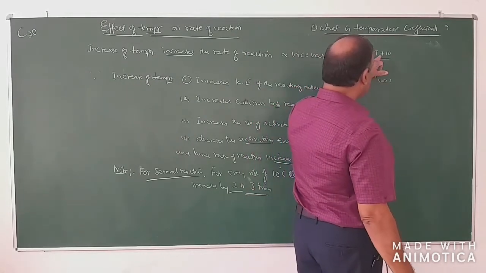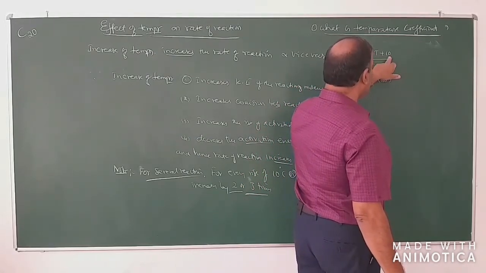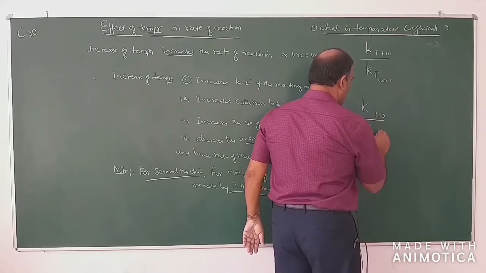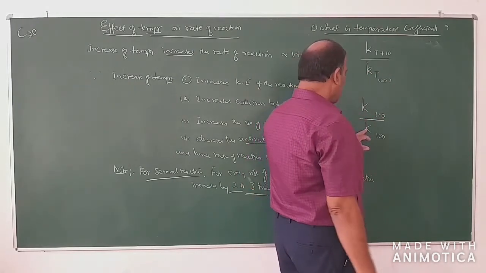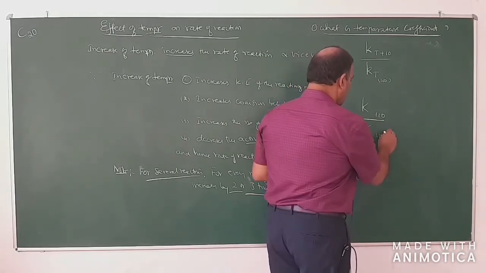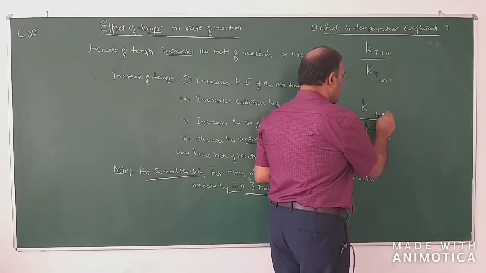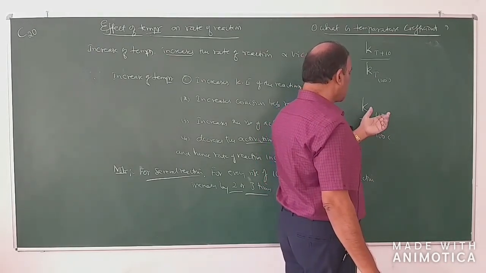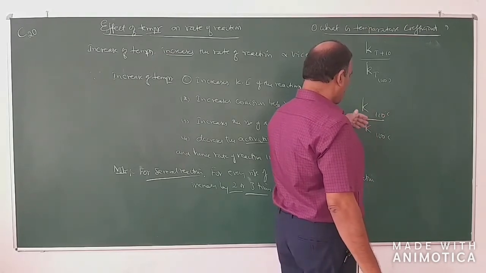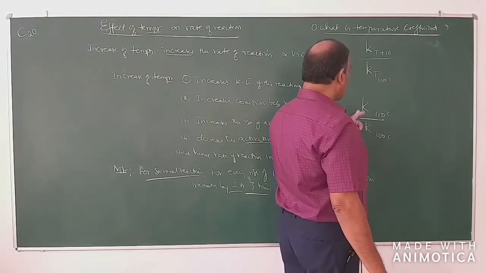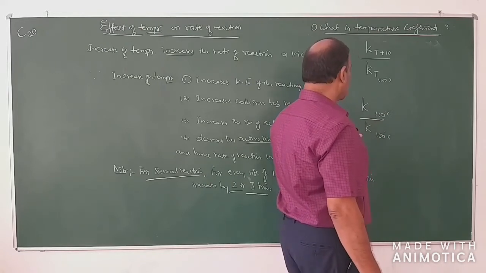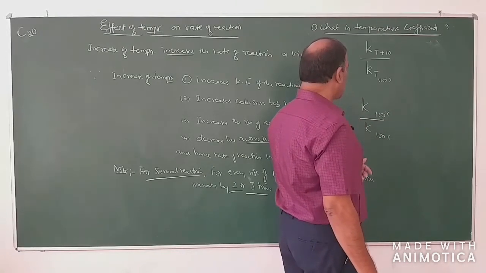If the temperature is increased to 110 degrees centigrade, this is K110, divided by K100. Rate constant of the reaction at 110 degrees centigrade over rate constant at 100 degrees centigrade. So the temperature is increased by 10 degrees centigrade. This ratio, the ratio of the rate constants of a reaction differing by 10 degrees temperature, is known as temperature coefficient.